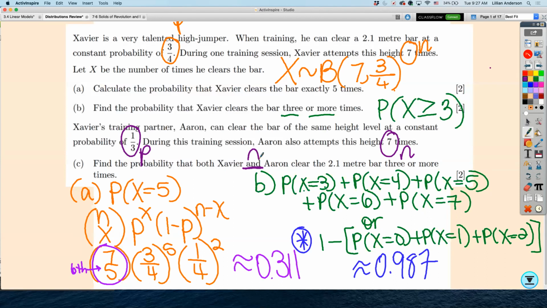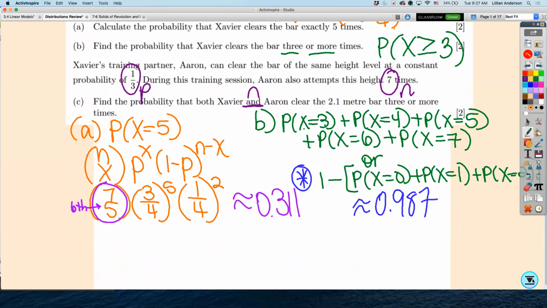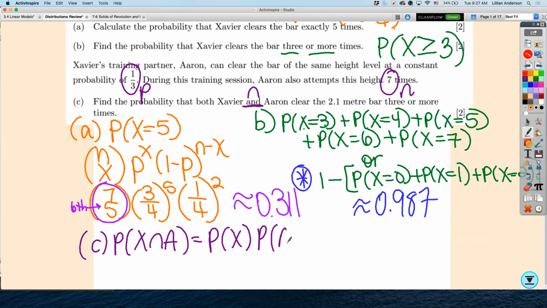Okay, so to recap independent events, the probability that Xavier and Aaron are going to clear the bar is basically the probability of Xavier clearing the bar 3 or more times, times the probability of Aaron clearing the bar 3 or more times. So we already know the probability of Xavier clearing the bar 3 or more times to be 0.987, because we never use the rounded answer.